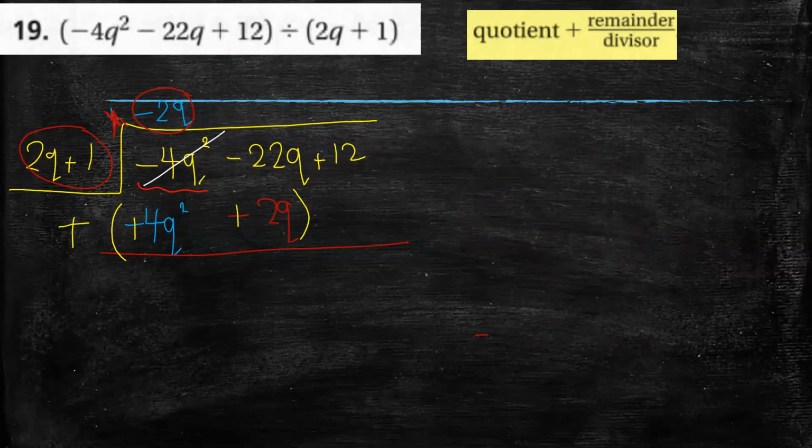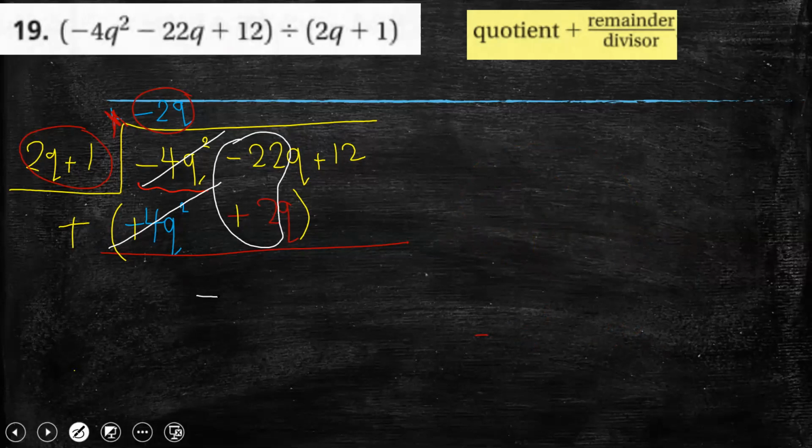Negative 4q squared cancels positive 4q squared. And then negative 22q plus 2q, you look at negative 22 plus 2, it's negative 20q. When you add, you add the constants and keep the variable as it is.